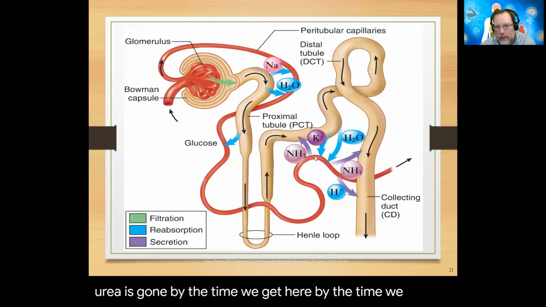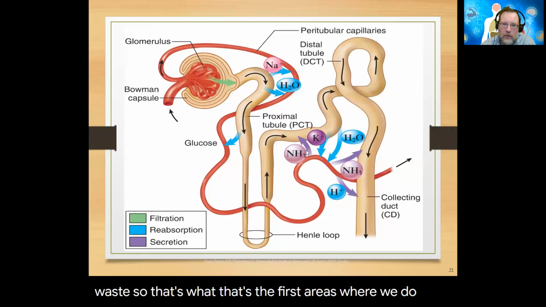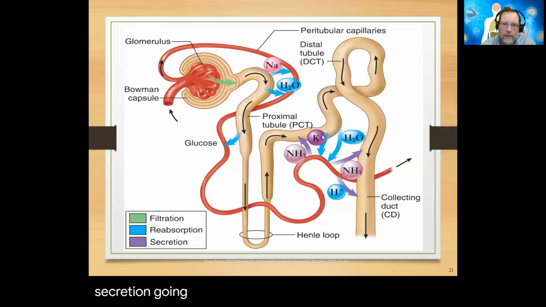By the time we get to the distal convoluted tubule over here, there's still quite a bit of urea, ammonia, and nitrogenous waste contained within the blood. So we do need to secrete or eliminate any of that excess nitrogenous waste. Okay, so that's the first area where we do see secretion going on, or one of the primary areas.